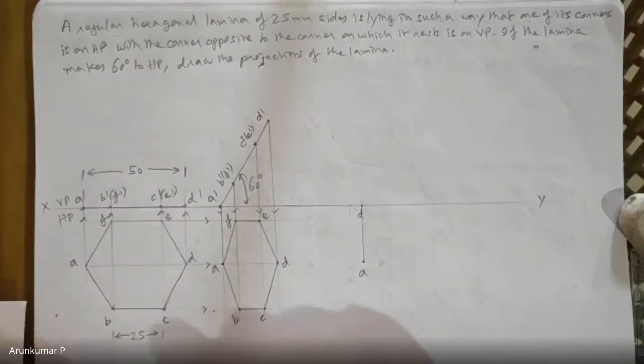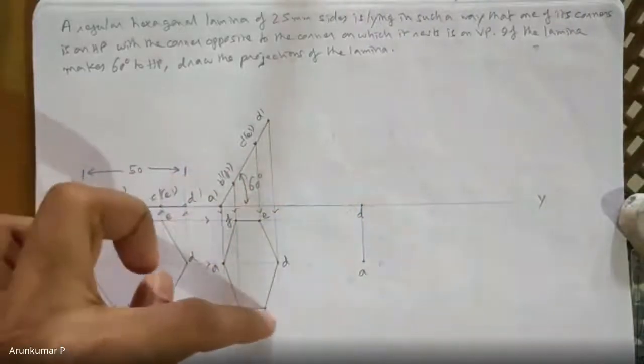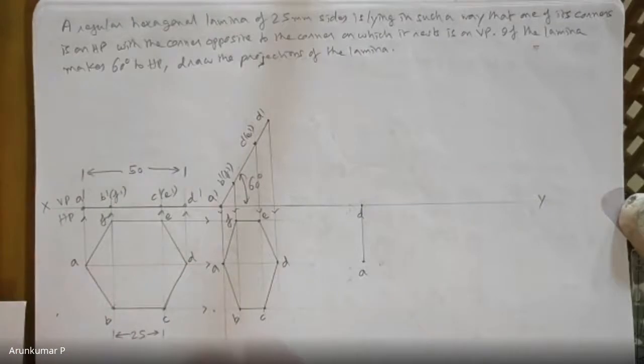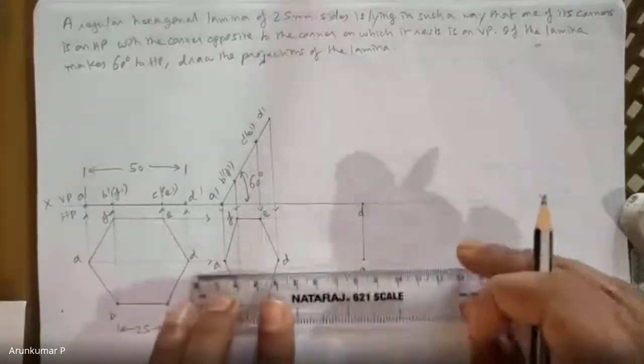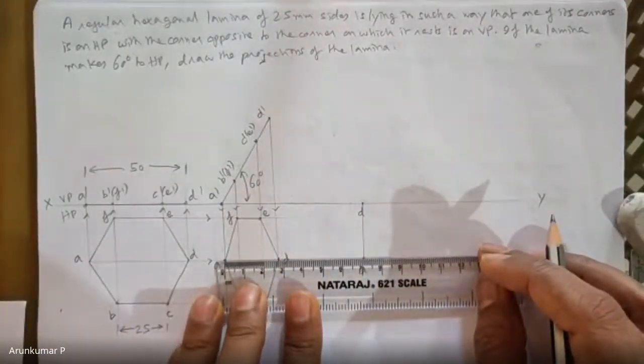And then you can use your rounder, and with respect to A and D, you can find out the other points B, C, and E, F. Or else there is another way which I can show you. See, A to D is 28 mm.